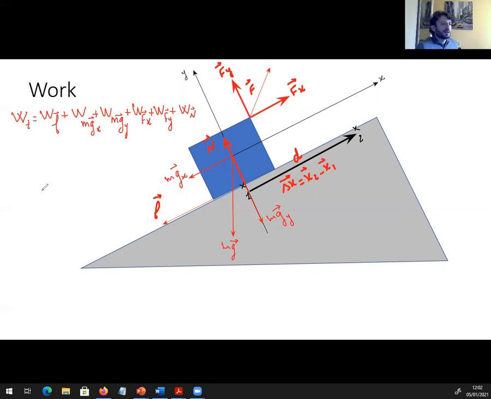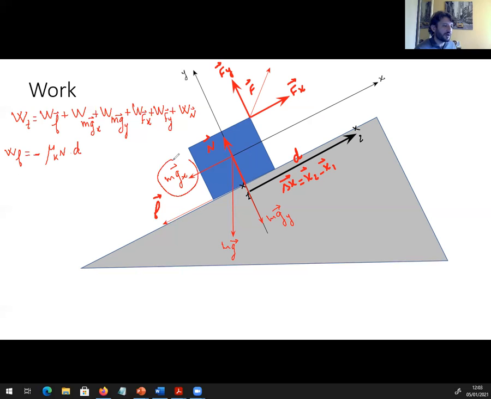Now we begin with f. You know, f is opposite to the displacement, so it's negative, minus. As value, f equals mu kinetic times n, times the displacement d.